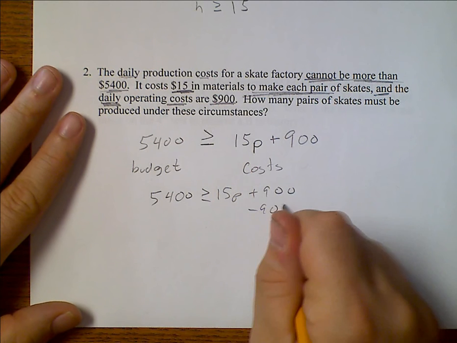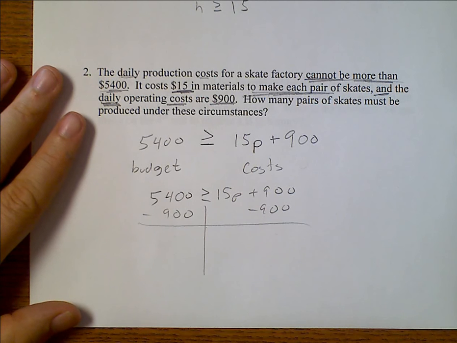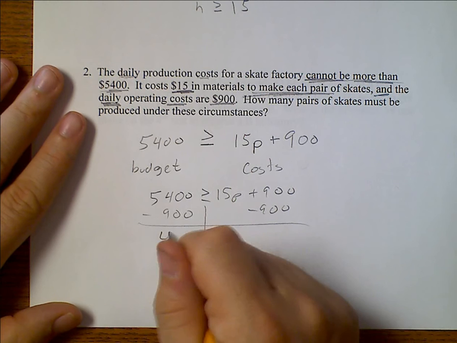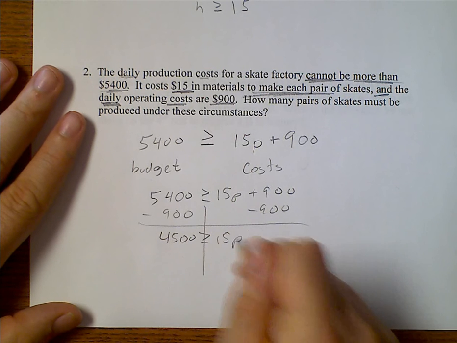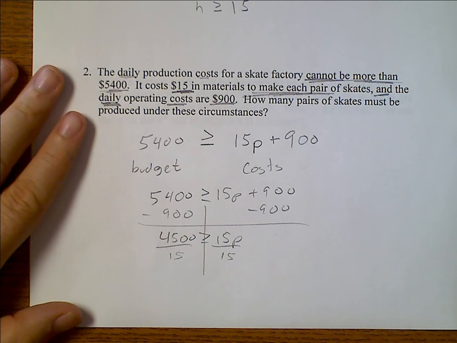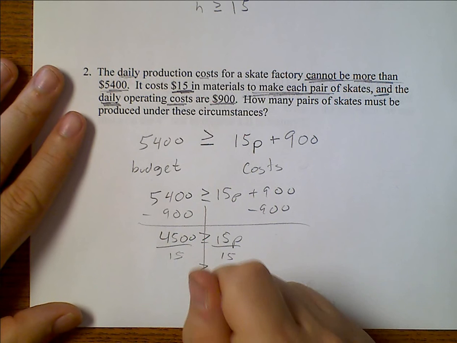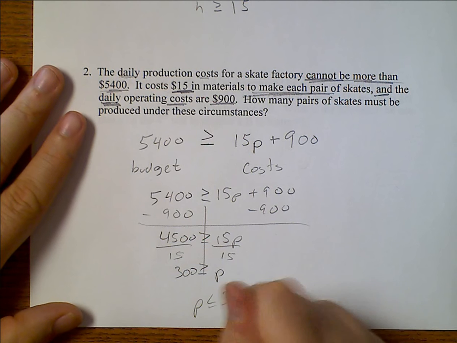Start off by subtracting 900, and 5,400 minus 900 is 4,500, greater than or equal to 15p. Divide both sides by 15. And I get that p is less than or equal to 300.